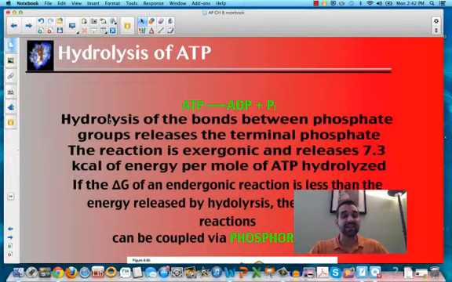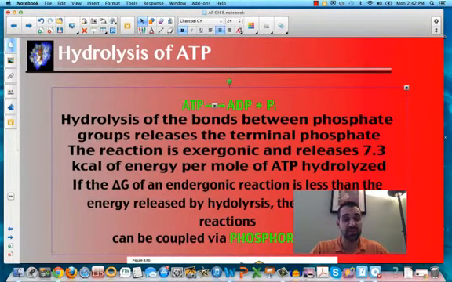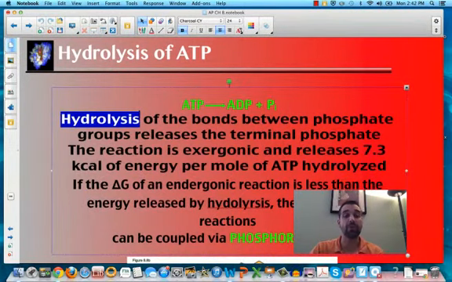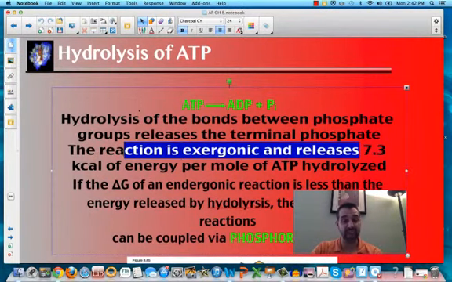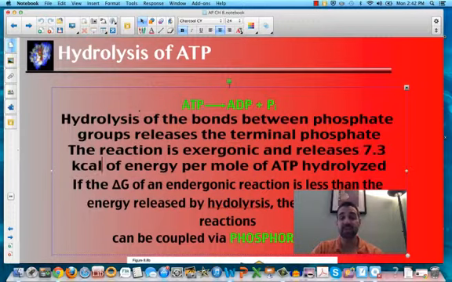Keep in mind, guys, the idea of hydrolysis: when we perform hydrolysis, we are splitting apart molecules, and it's an exergonic process. We are breaking things down. This is catabolic. There is an amount of 7.3 kcals of energy. In other words, this is going to be released.